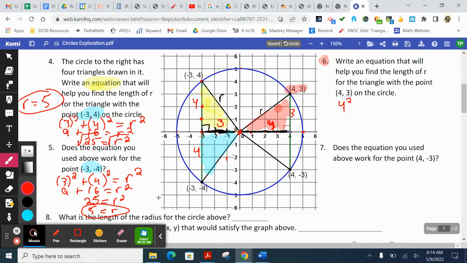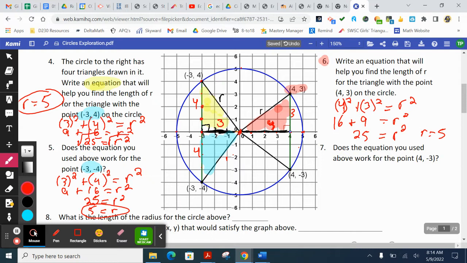If I went ahead and did now 4 squared plus 3 squared is equal to your radius squared, we get the same exact thing. The order is a little bit different. Now it's 16 plus 9 instead of 9 plus 16. But notice how you will again get r squared is equal to 25. Square root that, and we then know our r is a 5.